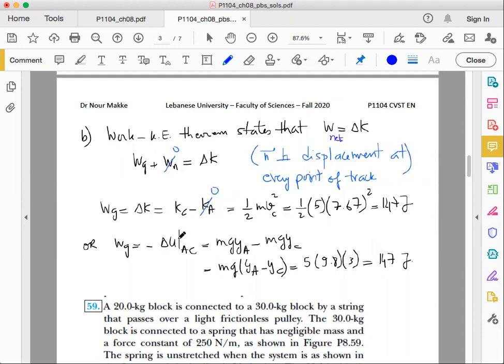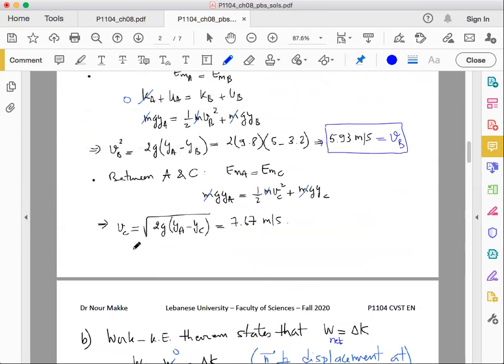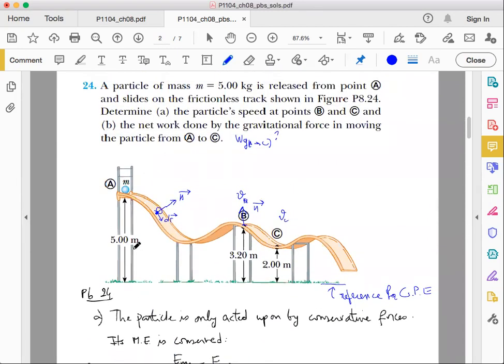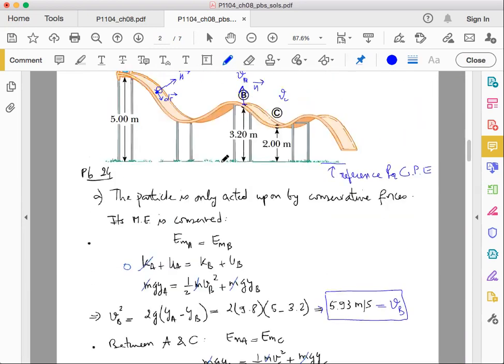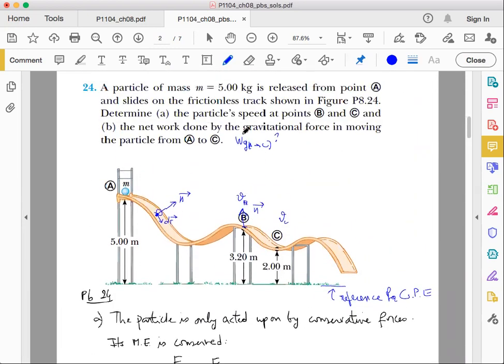I just wrote here one other method that we can use in order to determine the net work done by the gravitational force in moving the particle from A to C. We can simply say that since the gravitational force is a conservative force, the work done by conservative forces is equal to minus delta U, where U is the potential energy associated with the force.